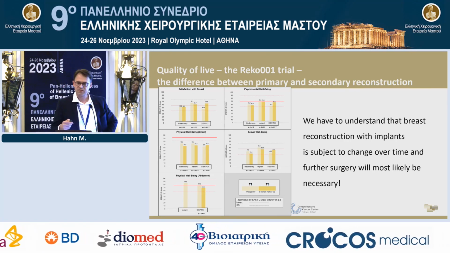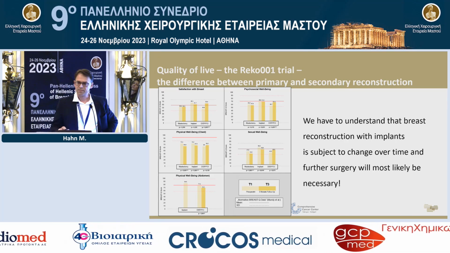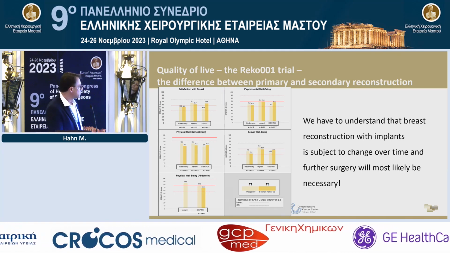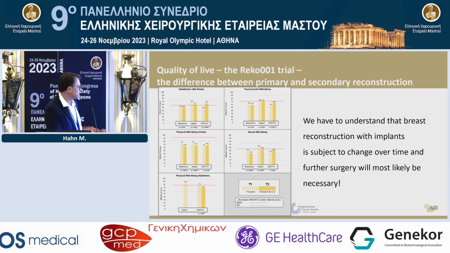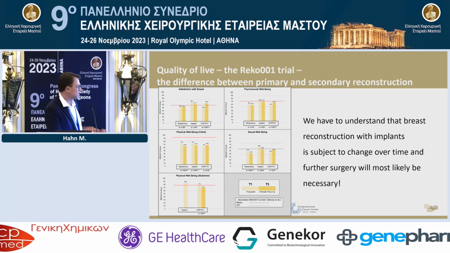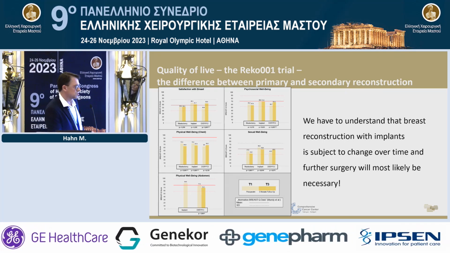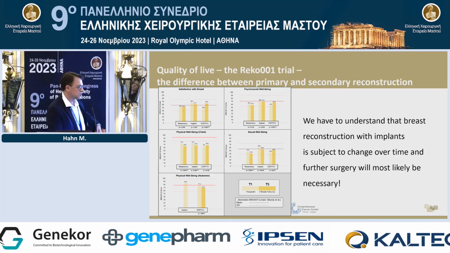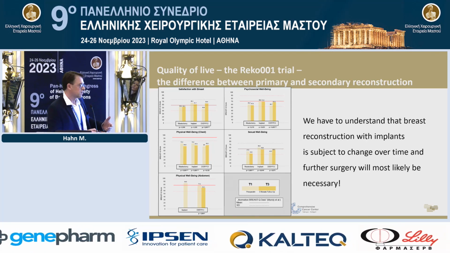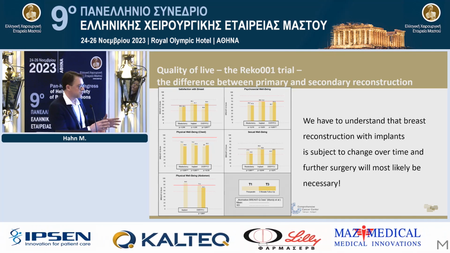And I ask myself, how can that be? Well, the answer is very easy, because most of these patients had a primary reconstruction, and those are the patients who received a secondary reconstruction or conversion when the patients had an implant first.